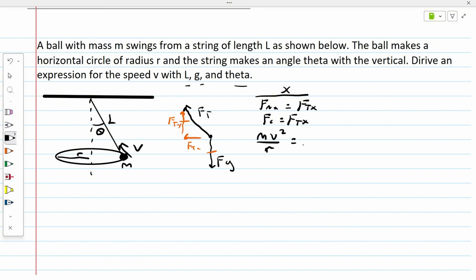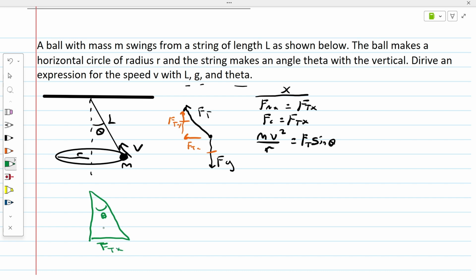And then Ftx we know is going to be Ft times either cosine or sine theta. But this will be a little bit tricky because since this theta is off the vertical, it's going to actually be sine theta here. And that's because if we were to draw this as a separate triangle like this, this is our theta and this is our Ftx.